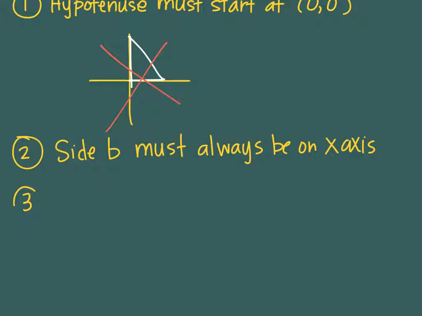And then number 3. Angle theta. Okay, now that we are on a coordinate plane, you use theta instead of alpha and beta. Angle theta is always by the origin also.